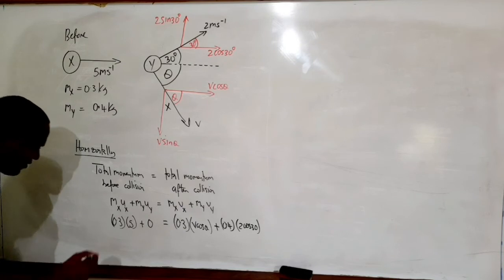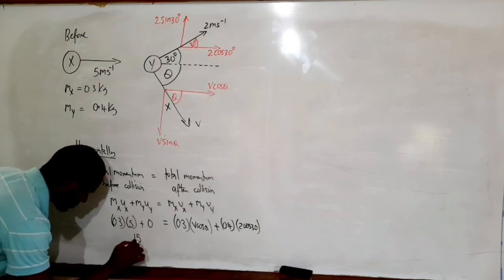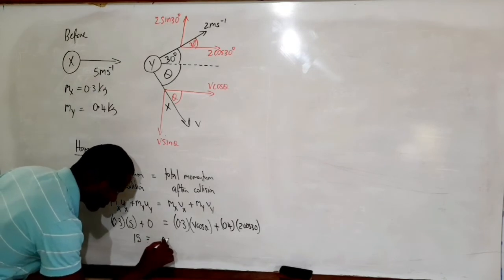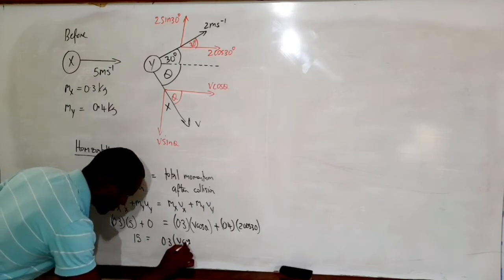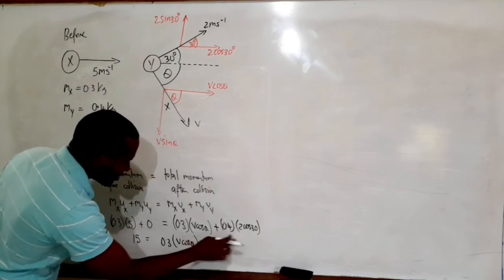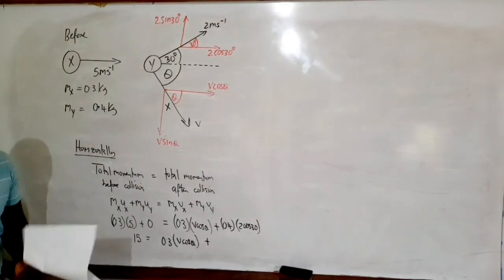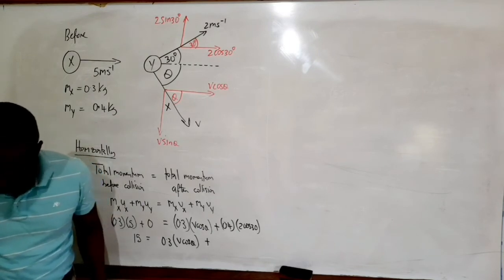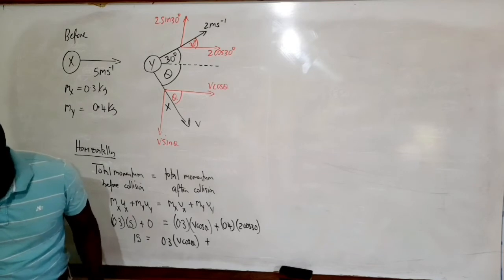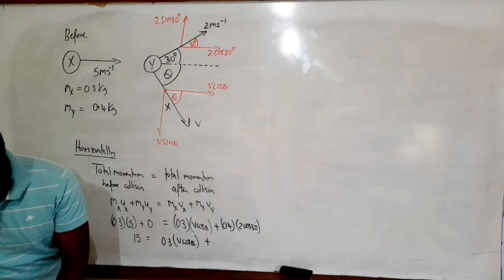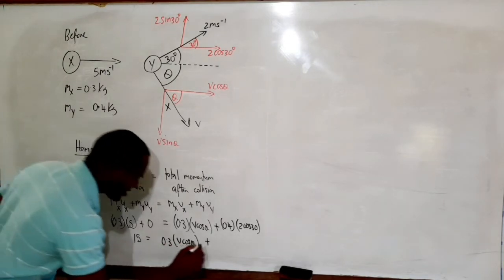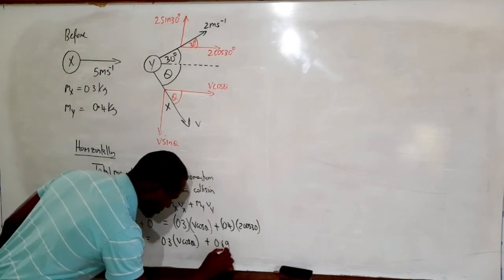And we try to simplify. So this gives us 1.5 equals 0.3 v cos theta, plus 0.4 times 2, 0.8 cos 30, that gives us approximately 0.69, right?